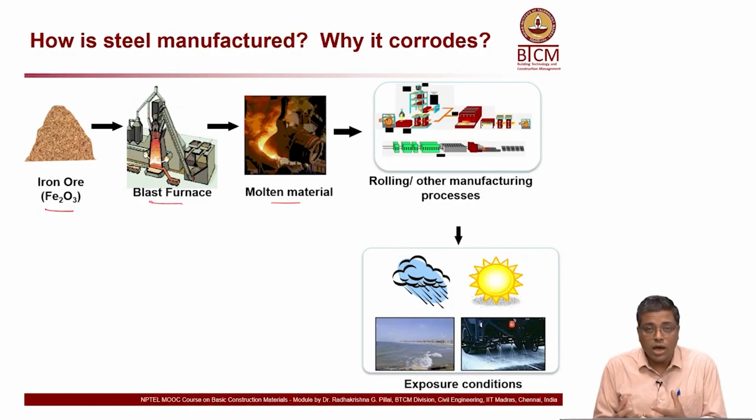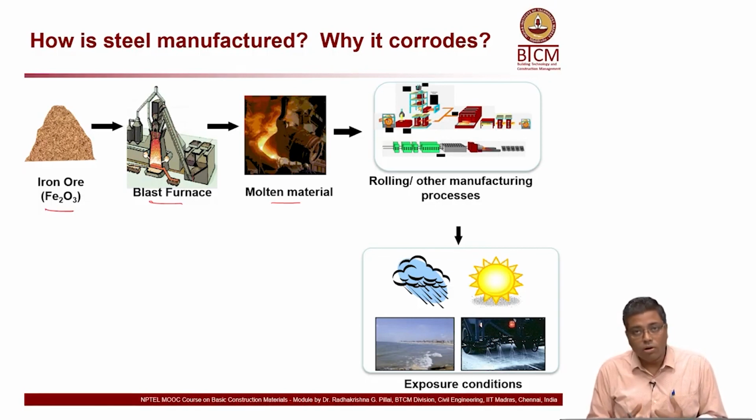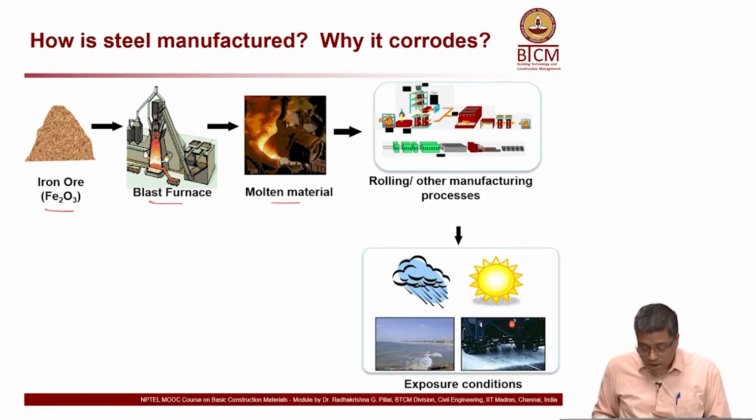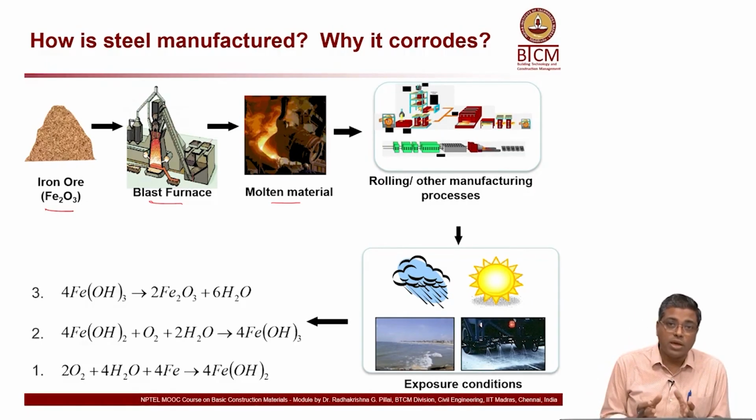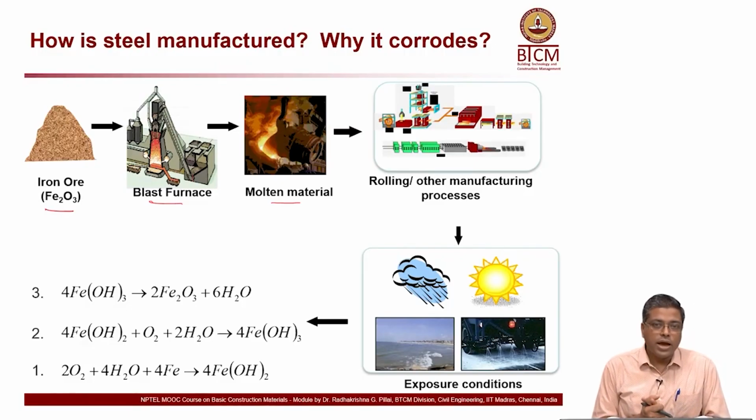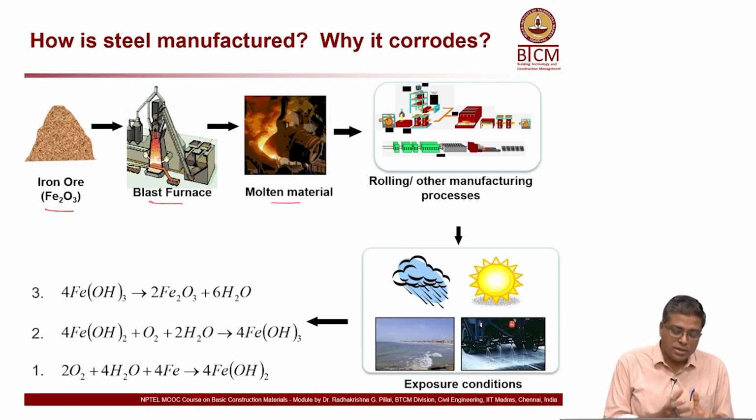That is where we are talking about how it corrodes. It gets exposed to moisture and chlorides, carbon dioxide, oxygen, etc., which leads to some chemical reactions. And essentially what is happening is the steel has a higher energy level than the iron ore, right.